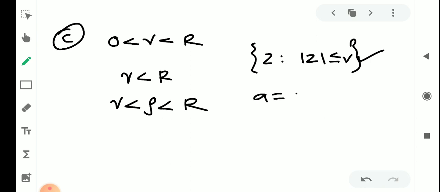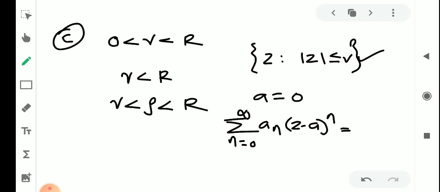With a equal to 0, we have the series sigma n equal to 0 to infinity an into z minus a all raised to n equal to sigma n equal to 0 to infinity an z raised to n.